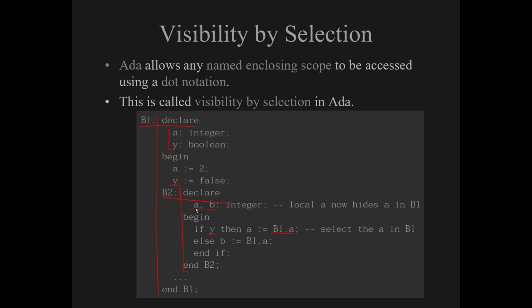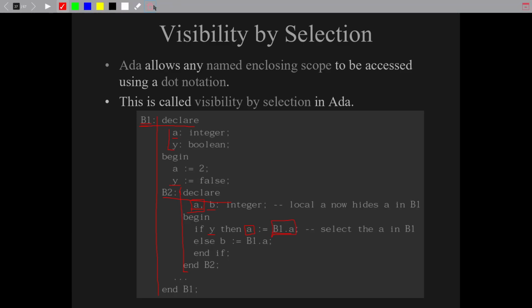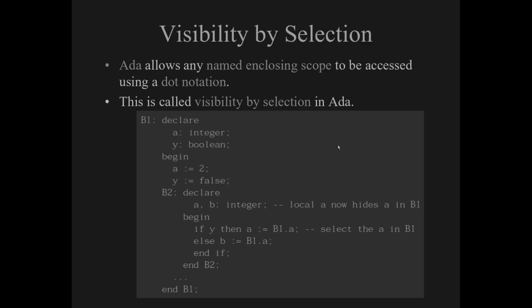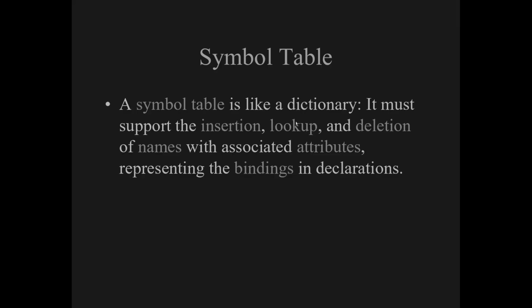If you want to refer to the A defined in B2, well, it's the local one, right? Since it's a local A, you can just refer to it by A. But if you want to refer to the A from the outer block, then you can say B1 dot A, and that's gonna refer to the A in the non-local scope. Okay, so naming blocks is kind of a convenient thing that you can do in Ada, and honestly, it's kind of cool, I suppose.